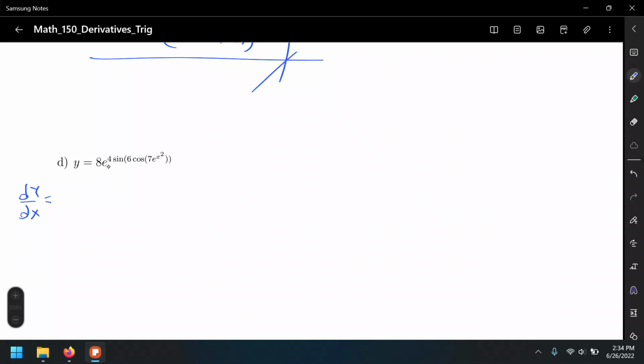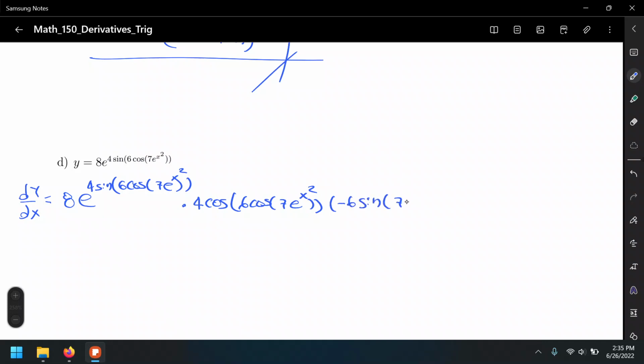Let's find the derivative of an exponential. The derivative of the exponential is always itself, e to the 4 sine 6 cosine 7e to the x squared, times the derivative of what we have on the exponent, and that's 4 times the derivative of sine, which is cosine of whatever is still inside, and then the derivative of 6 cosine, which is negative 6 sine, and then we need to differentiate the exponential, it's still the same, 7 e to the x squared, times the derivative of x squared, which is 2x.